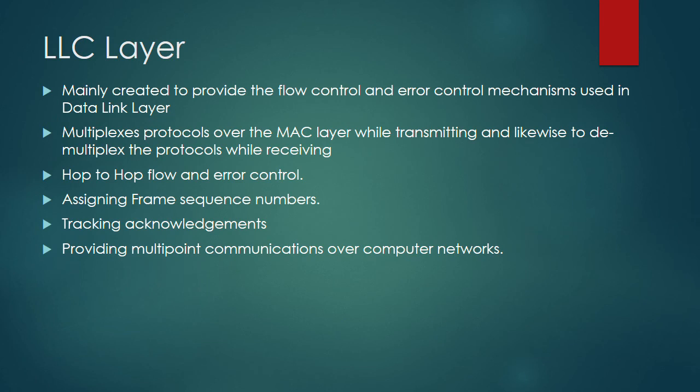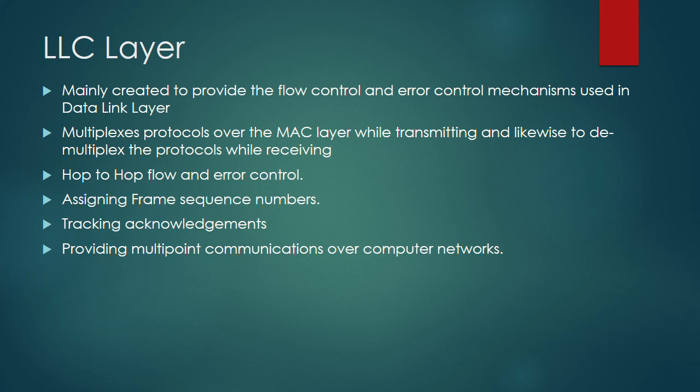And the LLC layer is the logical link layer. It is the second sub layer of the data link layer, and it mainly provides flow control and error control. It multiplexes protocols over the MAC layer while transmitting, and likewise demultiplexes the protocols while receiving.